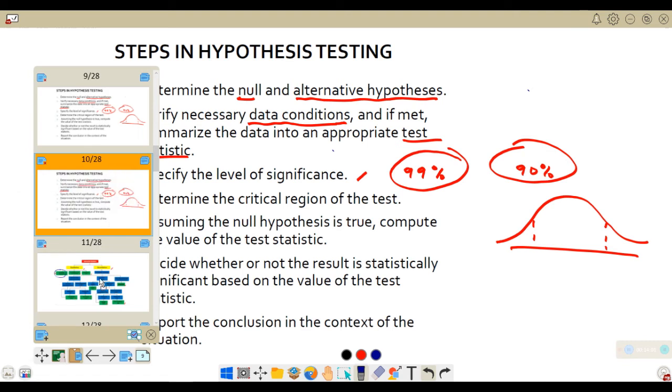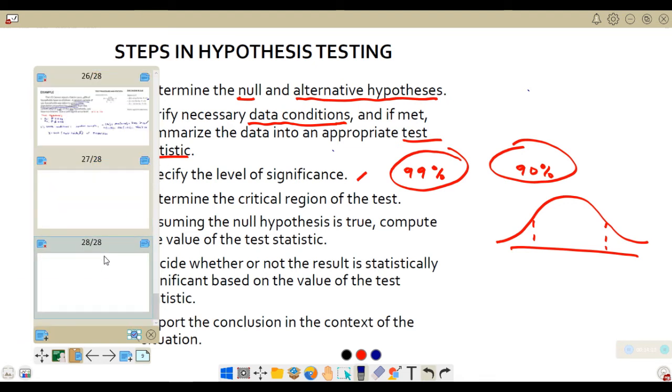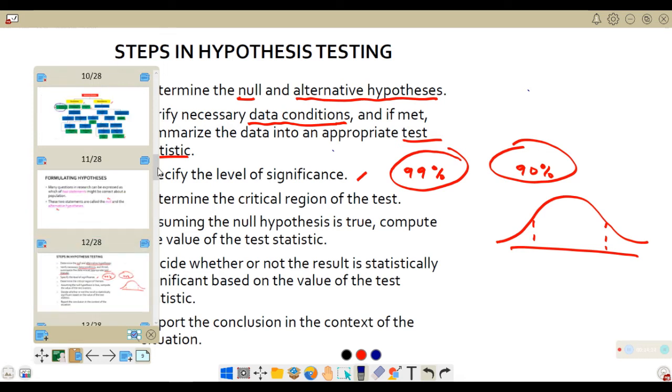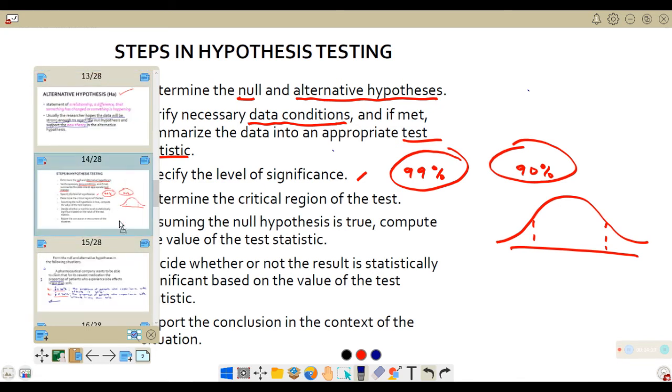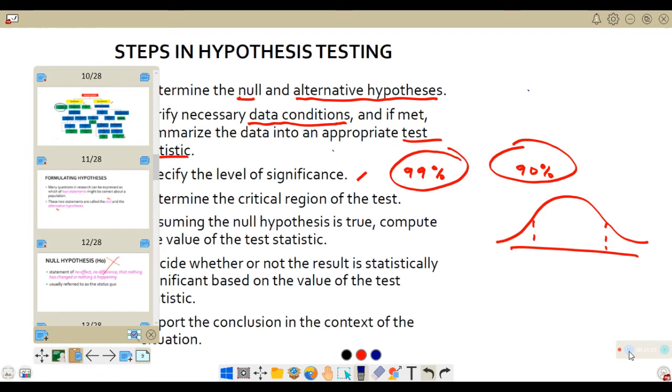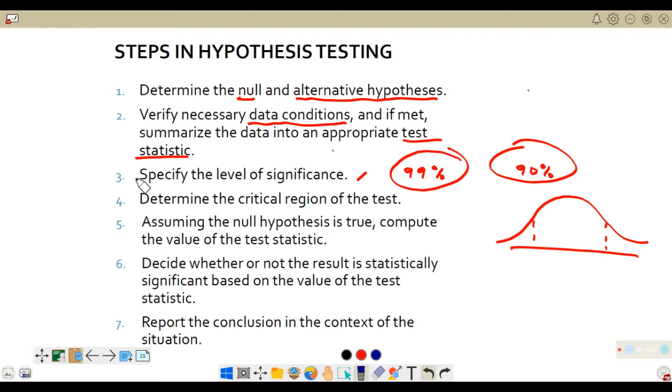So, copy ko na to papunta dito sa last page. Okay, next na step natin, number 3, specify level of significance.